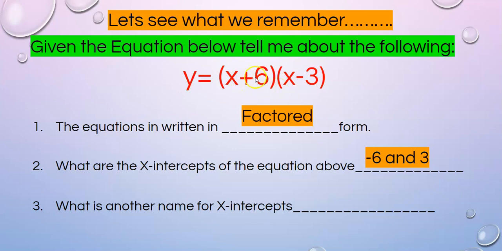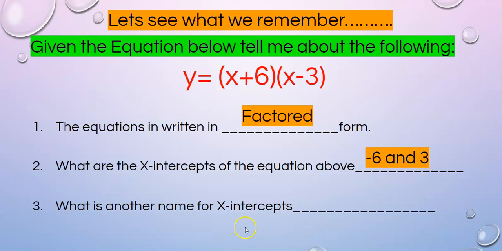Remember, we said that these numbers inside our factors help us to determine where our x-intercepts are. The only difference is we take the opposite sign. So for example, since this is a positive 6, our x-intercept would be -6. Since this is a -3, our x-intercept would be +3.